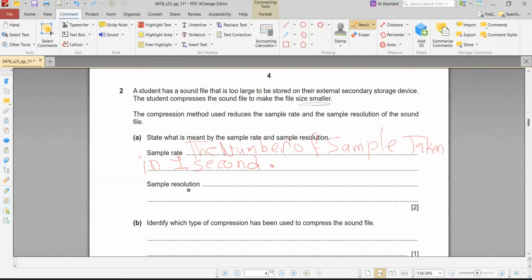The sample resolution is the number of bits per sample. So I'm going to write down: the number of bits per sample. So that is the explanation of both of those.